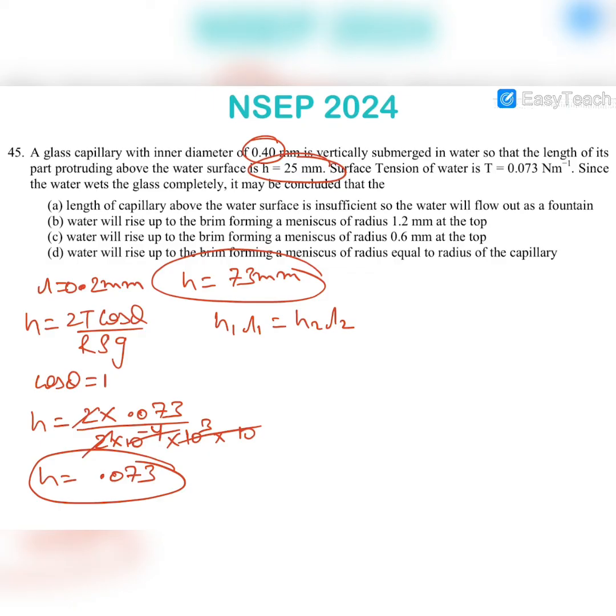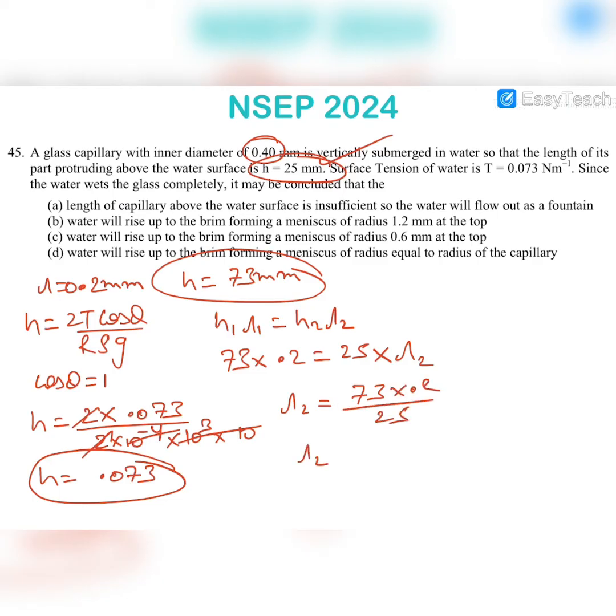So H1 is 73 mm when the radius of meniscus was equal to the radius of the tube, which is 0.2, and H2 is the final height which is given, so it is 25 because water cannot move beyond that 25, which is the available length of the tube outside the water surface, and R is the radius of meniscus at that height. So R2 will be equal to 73 into 0.2 by 25.